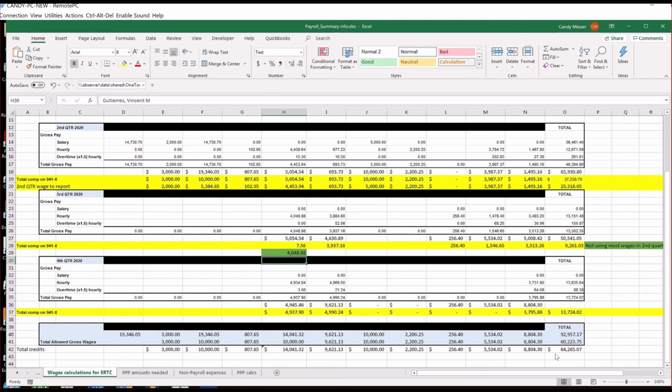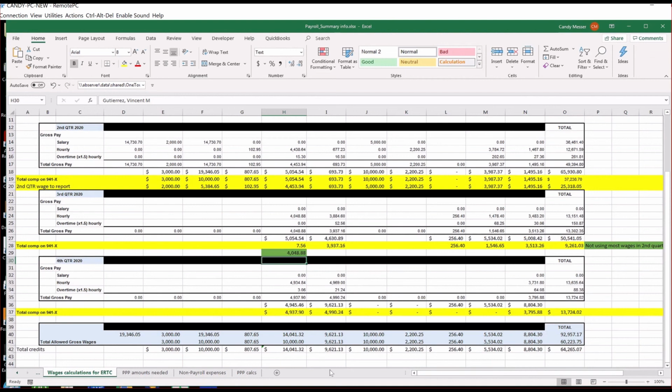And then we ended up taking out a portion that this is what we could have used. We took out a portion for PPP forgiveness, so we ended up using $60,223.75 of the wages in these periods for the ERTC, and the remaining amount went towards the PPP forgiveness.